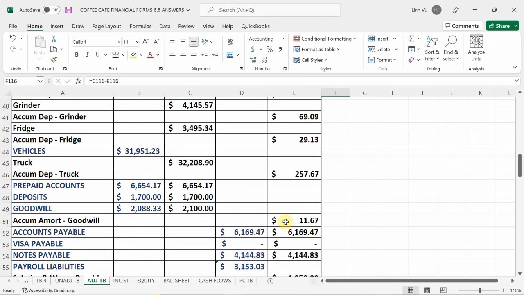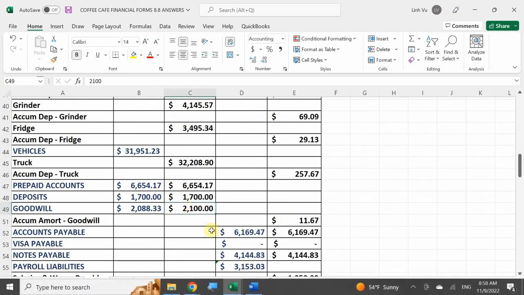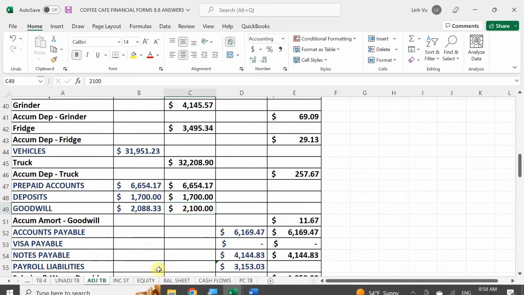No, it's still at the 2100. It's still at the 2100 because that's what I originally purchased it at. I already added back the depreciation of $11.67 because this is money I never spent in the first place. So in this case, I acquired my goodwill at 2100.